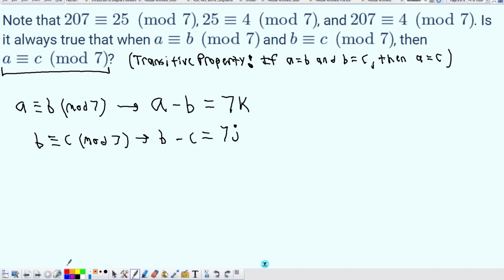And like any good mathematician, we're always looking to cancel things out and simplify as much as possible. So I'm going to take our two equations and add them together. I'm even going to get rid of these arrows because they might be distracting for now. I think we get the point. So, adding these together, I get A minus B plus B minus C is the same as 7k plus 7j.